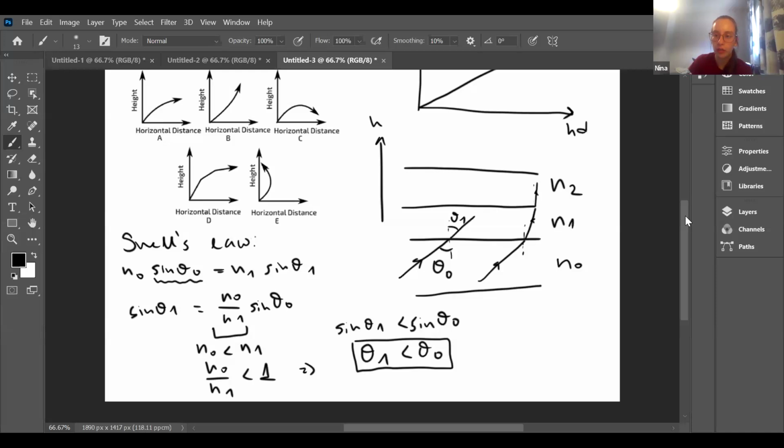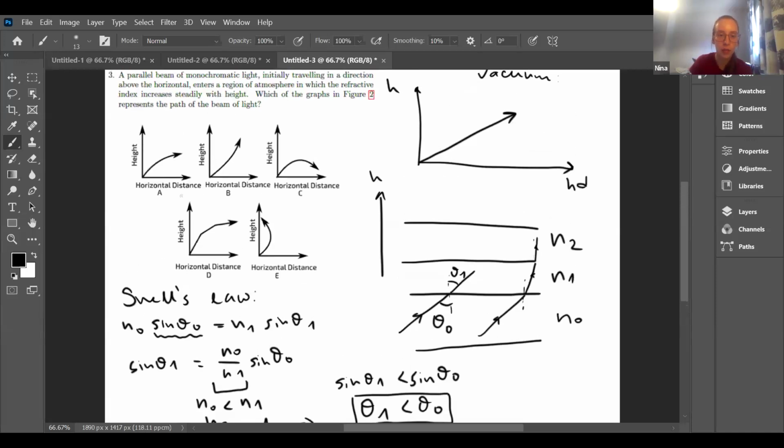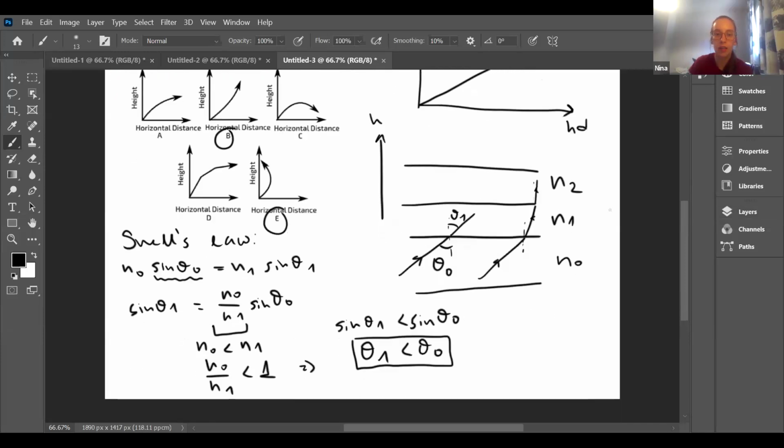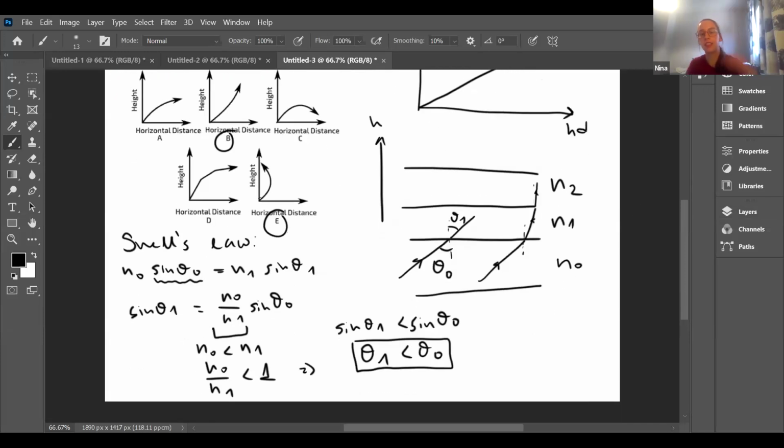And so they ask you to choose one of those diagrams, and the two which go in the right direction are those two. So now you have to decide, can the ray of light start going backwards?